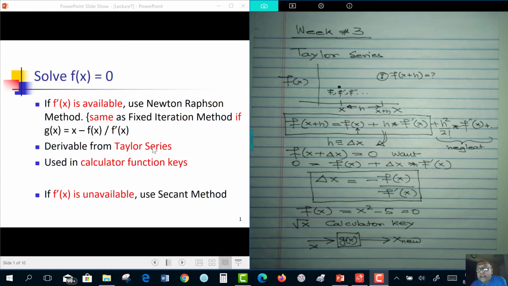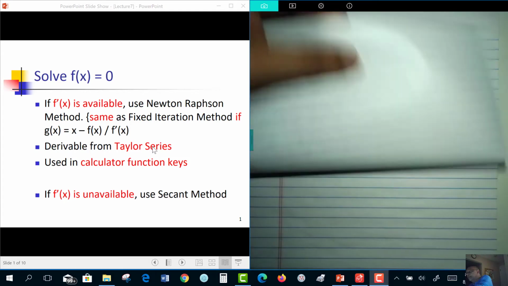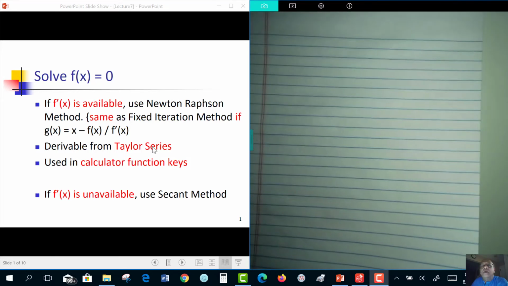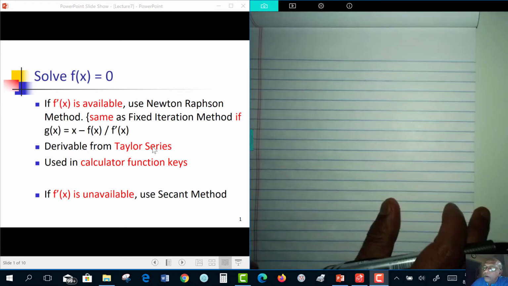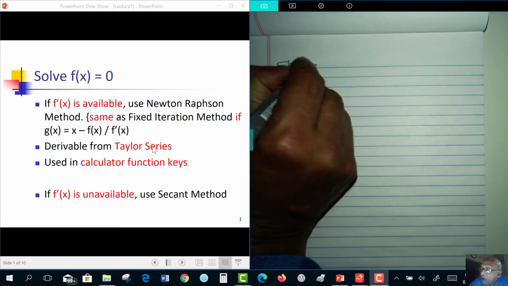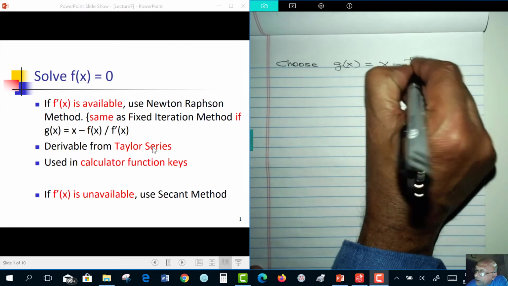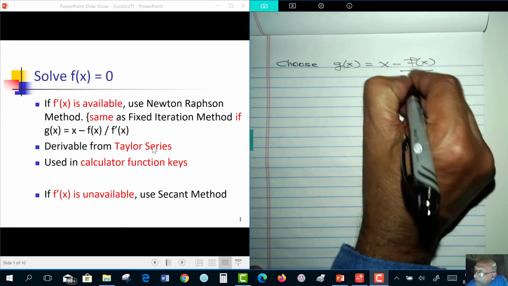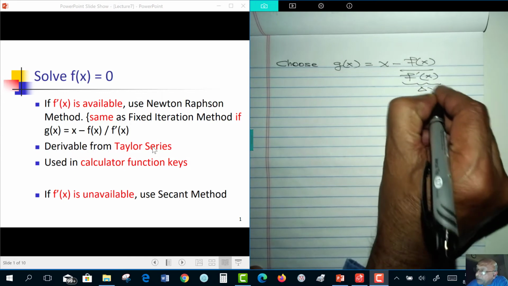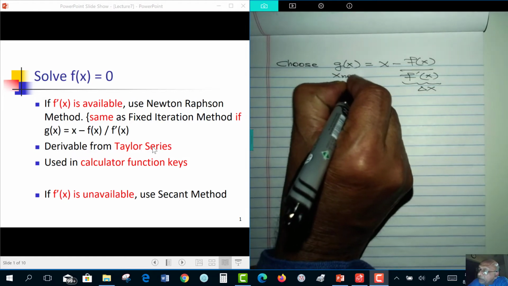And I said the Newton-Raphson method is the same as the fixed iteration method if we choose g of x to be x minus f of x over f prime x. So remember, this is the delta x of the Newton-Raphson method. And this is the x new.